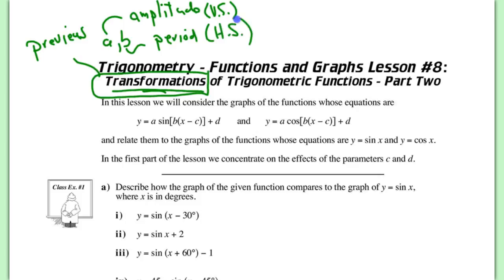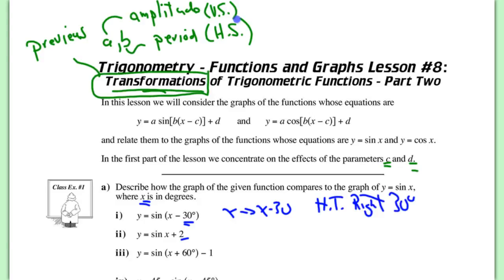In this next section, we are going to focus on C and D, and we know what they do. When we see a value like 30 degrees inside there, how does that affect the graph? From our work with transformations, you are experts at that: x has been replaced with x minus 30, and therefore that is a horizontal translation to the right of 30 degrees.